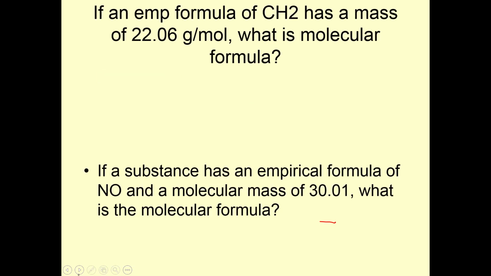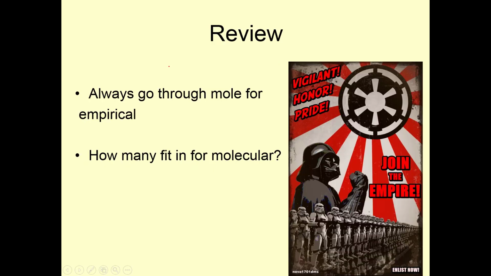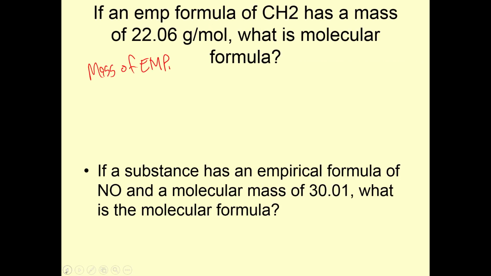If an empirical formula CH2 has a mass of 28.06, what's the molecular formula? So what I'm going to do is find the mass of the empirical formula. The mass of CH2 is 12.01 plus 2.02 is 14.03. I messed that one up.